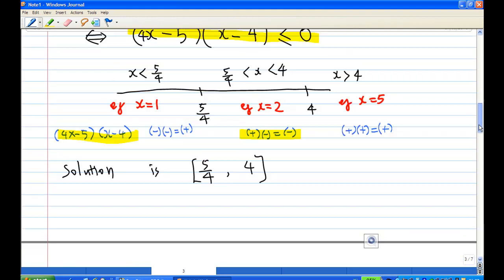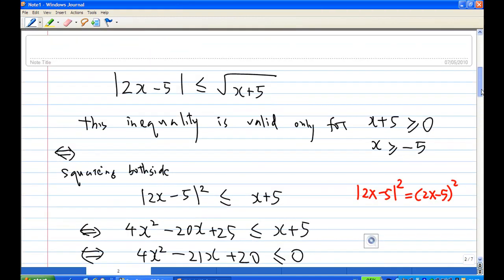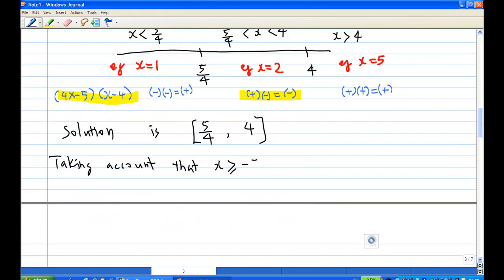Now, taking into account that x must be greater than or equal to minus 5 in the very beginning, the interval from 5 over 4 to 4 is already greater than minus 5, so no adjustment is needed.